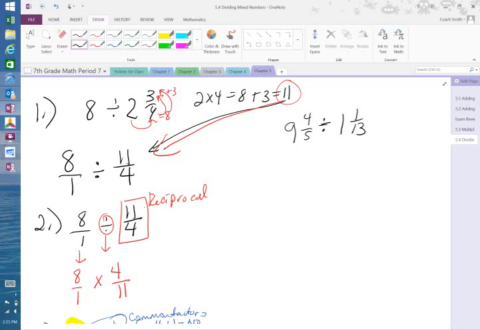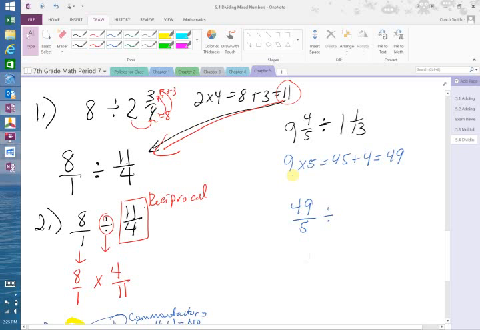All right, step 1. 9 times 5 equals 45 plus 4 be 49. So 49 over 5 divided by 1 times 13, which is 13, plus 1, which is equal to 14. That gives me 14 over 13.